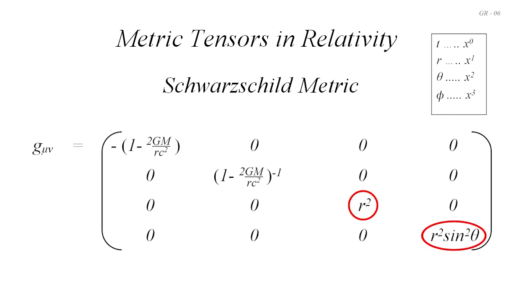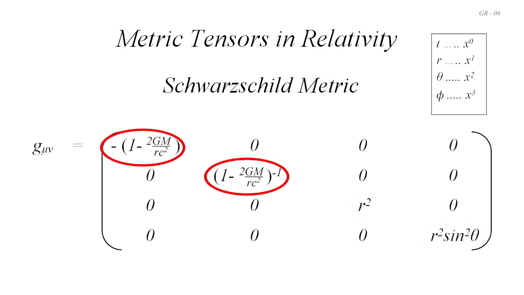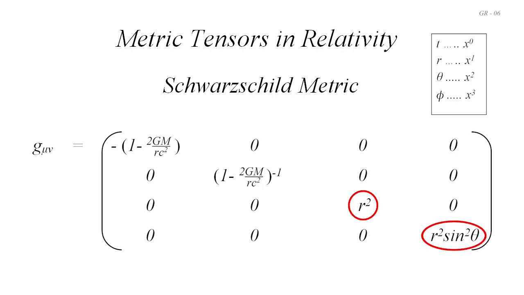These two are fairly straightforward geometrical issues, whereas these two, the time element x0 and the radius element x1, both contain the universal gravitational constant g and the speed of light. Now, from what little you know about black holes, you might expect theta and phi not to affect things gravitationally.